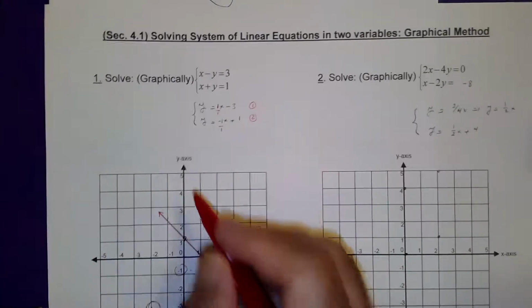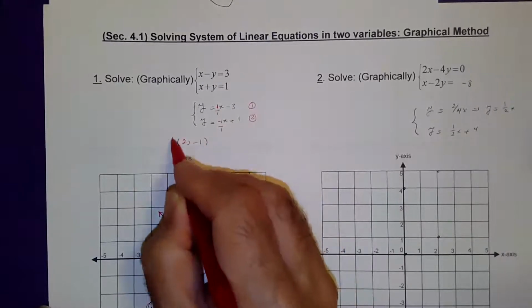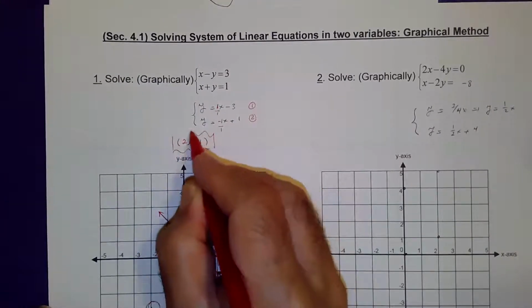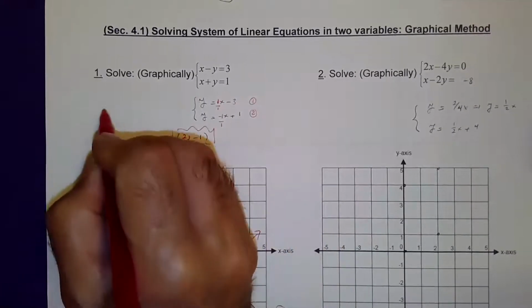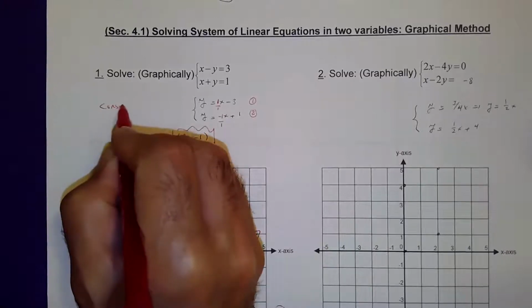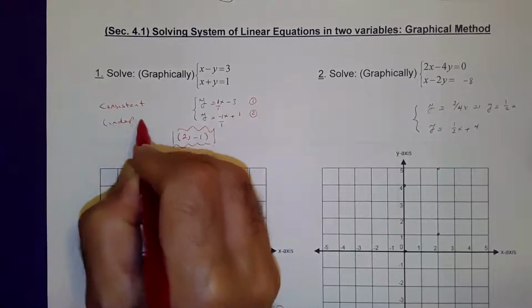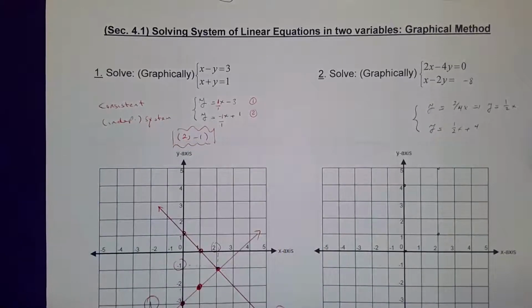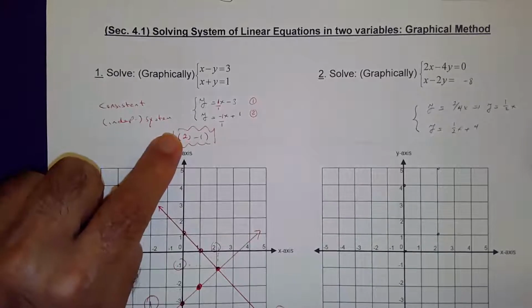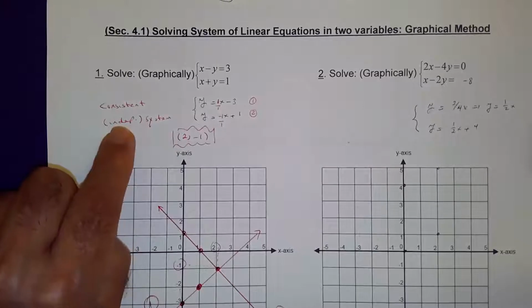So I would say the solution is (2, -1). Because we had a solution, the system is called consistent, or some people call it an independent system. So whenever the lines cross and you end up with a solution, the system is called either consistent or independent.